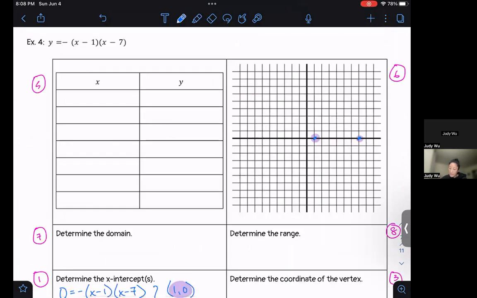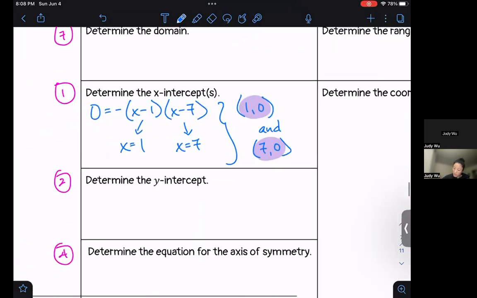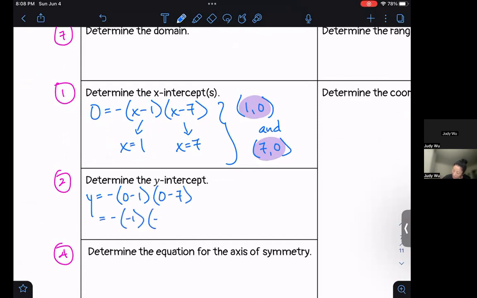Okay. Now we're going to find the y-intercept. We're going to plug in 0 for x. So y equals negative 0 minus 1 times 0 minus 7, which is negative 1 times negative 7, which is negative 7. Again, that's not full credit. We need to write it as a coordinate. 0, negative 7.